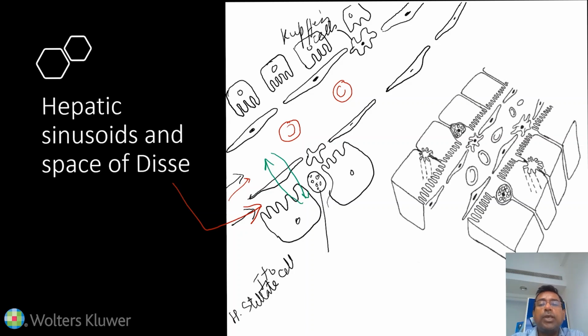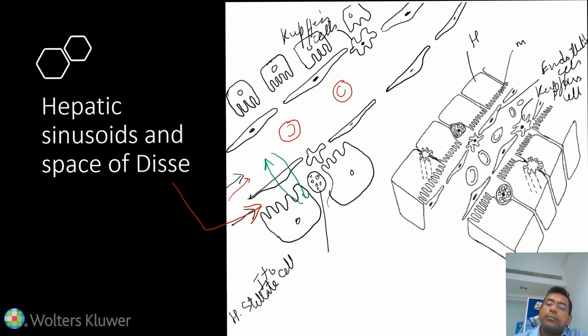That's almost the same picture which I have drawn. So here is the hepatocyte with its surface facing the space of Disse, showing the microvilli there. These are the endothelial cells. That's the Kupffer cell.